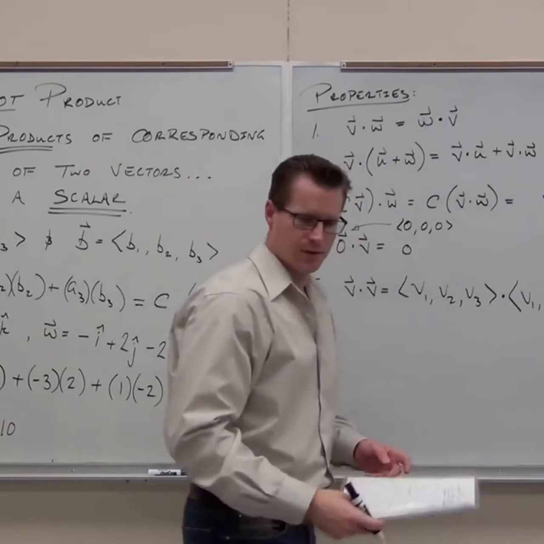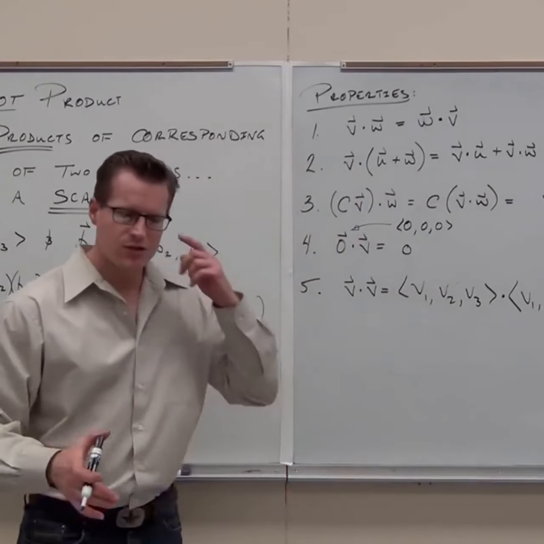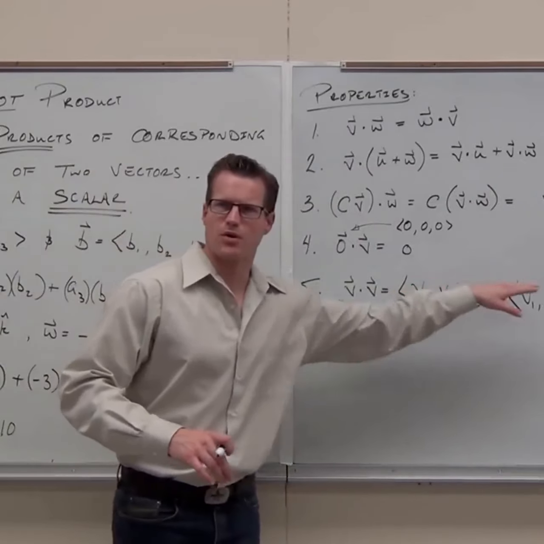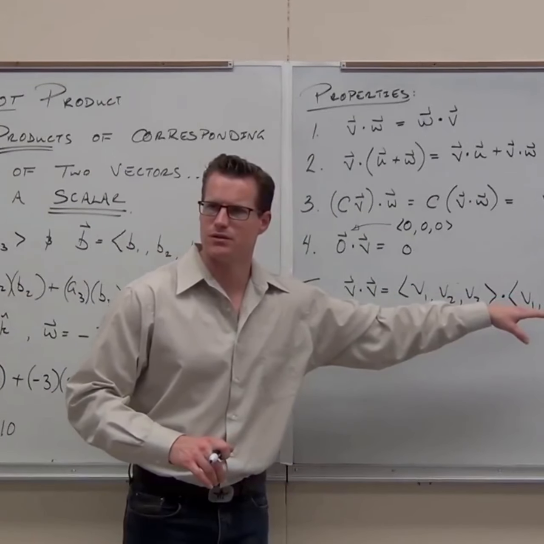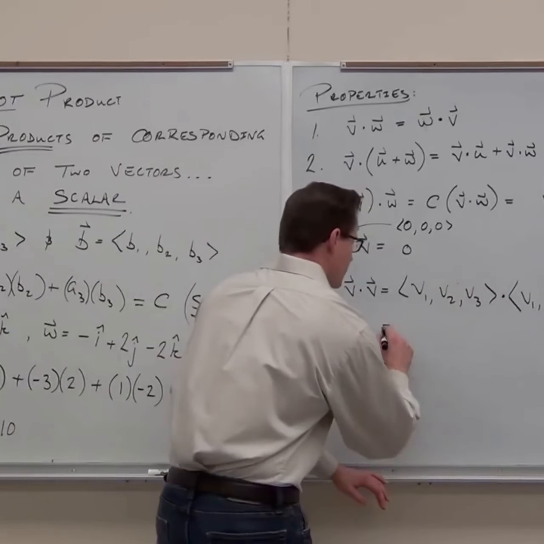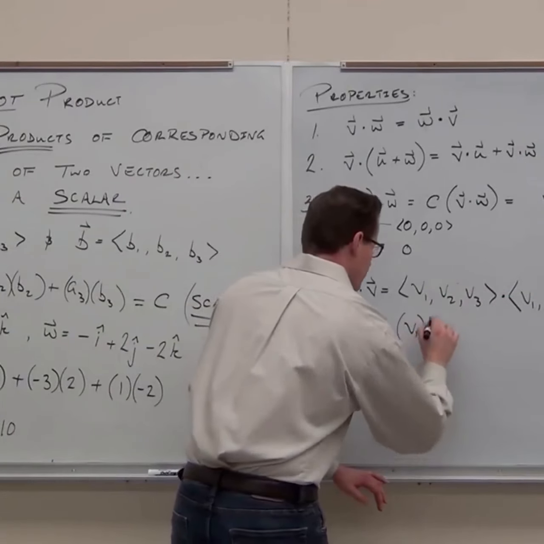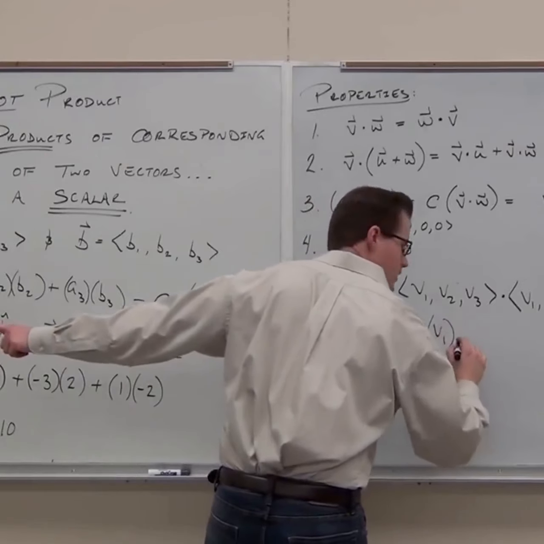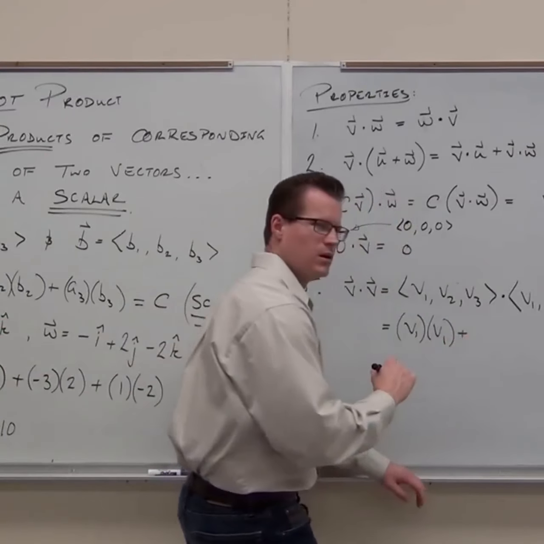Pretty straightforward. If I asked you to, could you do the dot product on these vectors right now? Quickly, what are the first two things you're multiplying together? Just like we did. Plus what?